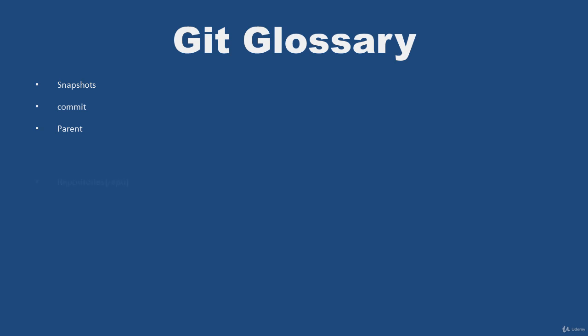The next word we're going to look at is repositories, also called repo for short. Basically, a repository is a collection of all the files and the history of those files. So this consists of all your commits, the place where all your hard work has been stored.